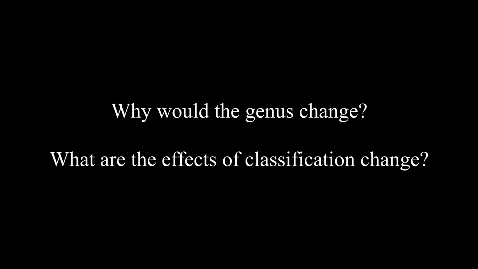And what are the effects of classification change? So this is going to continue to happen. The scientific classification will change over time because we will learn more about everything. Just like we learned about DNA, and then we were able to classify things based on the DNA. As we learn more, we'll be able to change the classification system and make it more accurate.